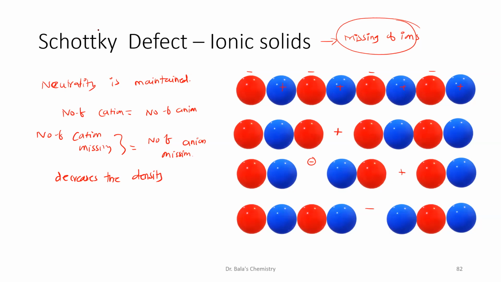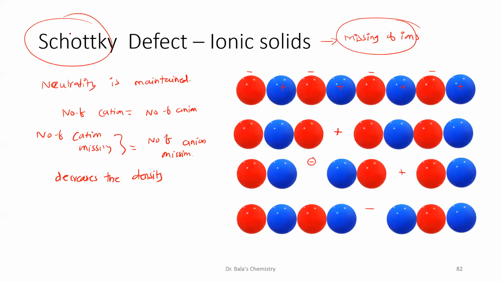So the only difference between Schottky and Frenkel defect is that in Frenkel only smaller ions are dislocated, but here both ions are missing, which means almost equal-sized anions and cations are present. Even say, for example, Na+ Cl-: Na+ size is very small, but Cl- size is very big.